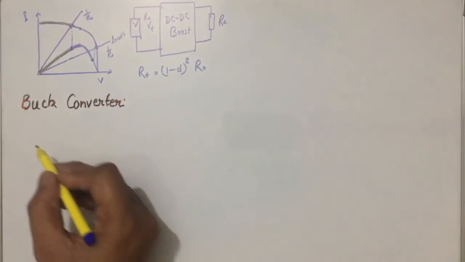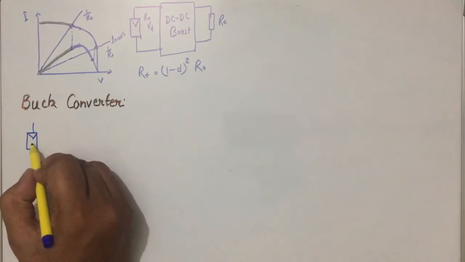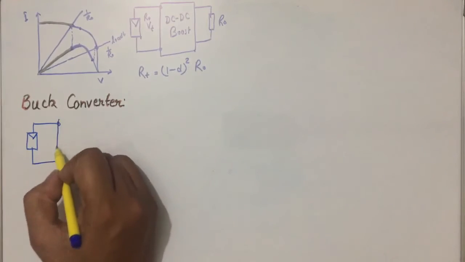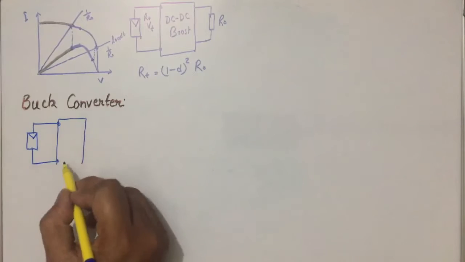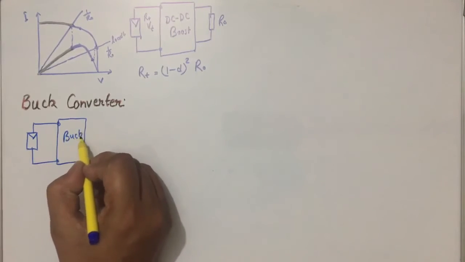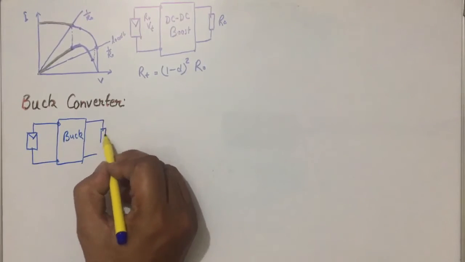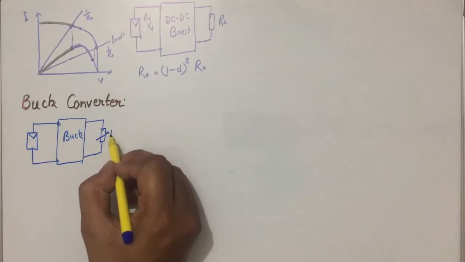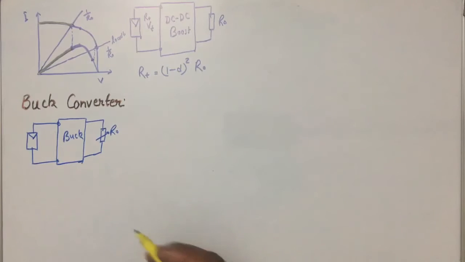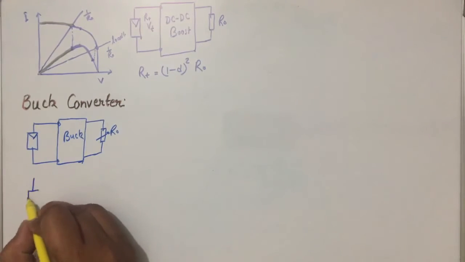So in case of buck converter, the panel terminal is connected with the DC to DC converter, that is buck converter, and the output is connected with the load. Load is not in our control. Now this can be further drawn like this.